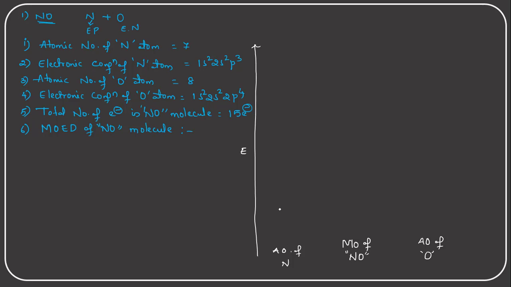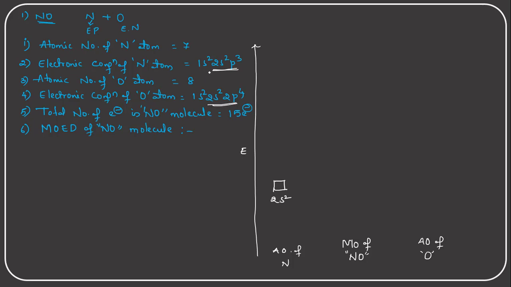Here we need to remember that we have to show the energy difference between these atomic orbitals and these atomic orbitals, because the electropositive atom's atomic orbitals have higher energy than the atomic orbitals of the electronegative atom. So here I am taking the 2s2, only the valence orbitals.